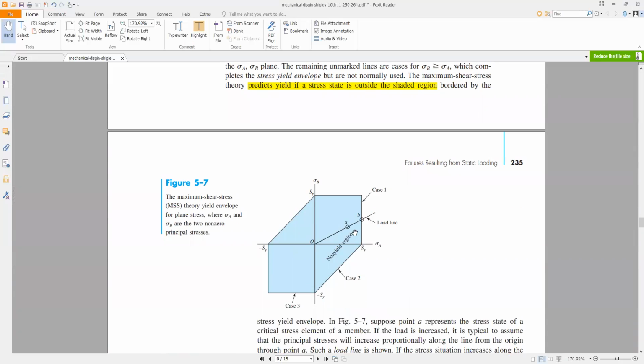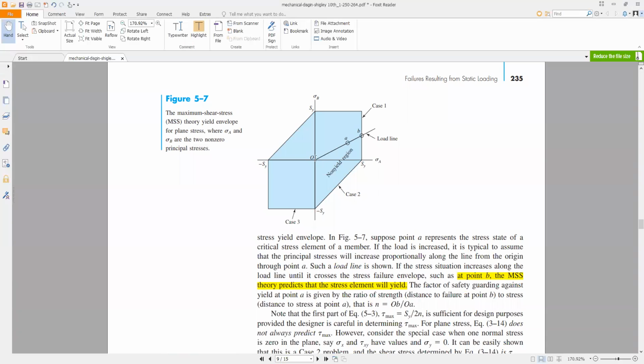That means if you apply load to a product increasing from 0, when you go to point A, within this region, you are still safe. When you go to B, it is the borderline for the MSS theory.